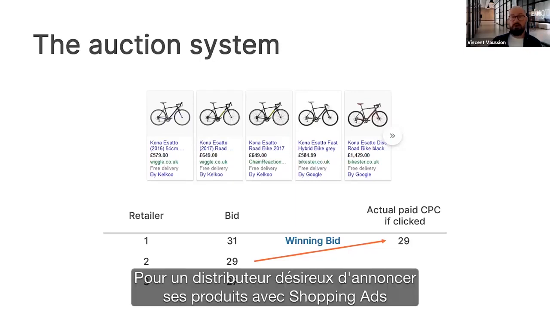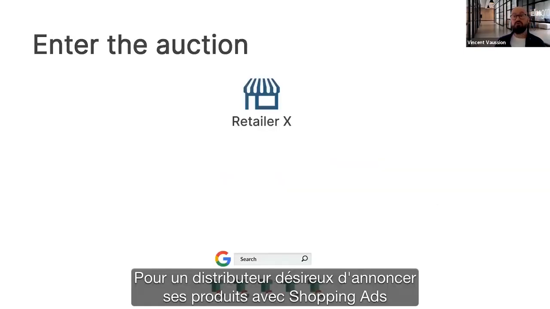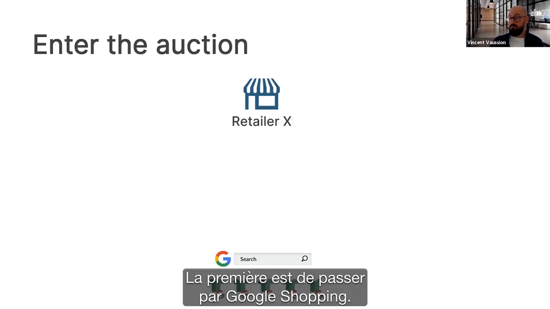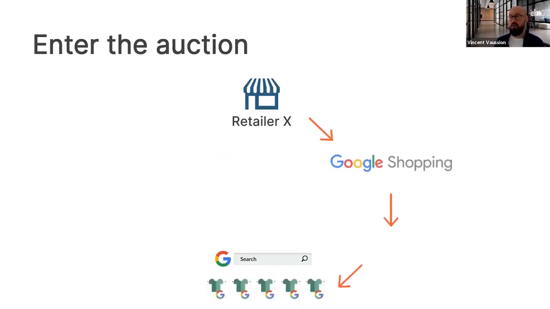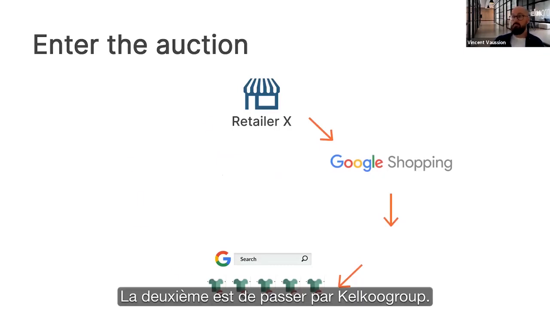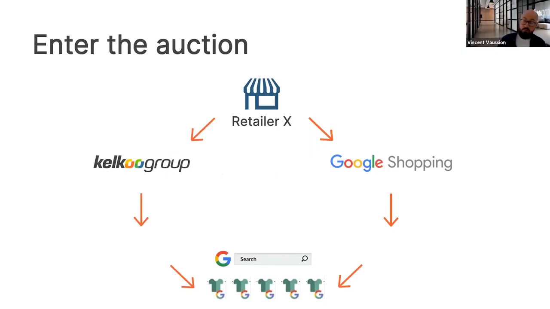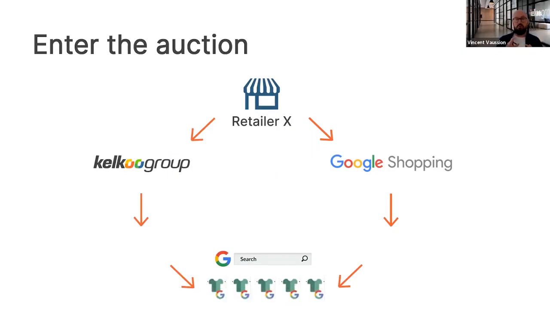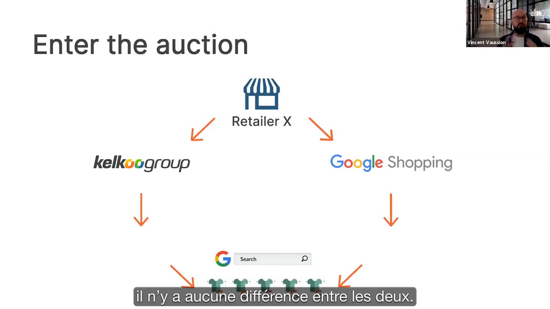Now, as a retailer who wants to advertise your product on shopping ads, you have today 2 choices. The first one is to go through Google Shopping. The second one is to go through Kelkoo Group. From a technical point of view, if you take one way or the other, there is no difference.